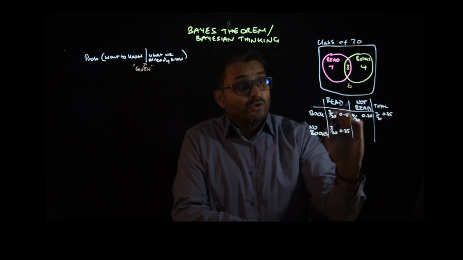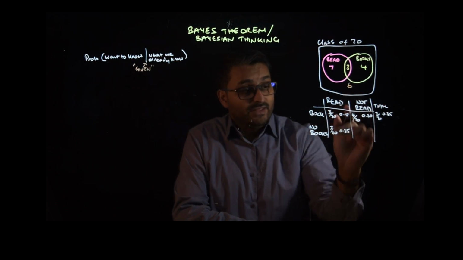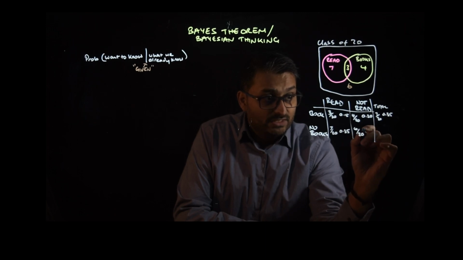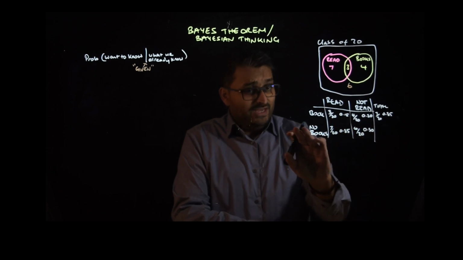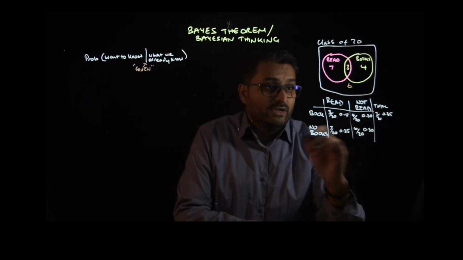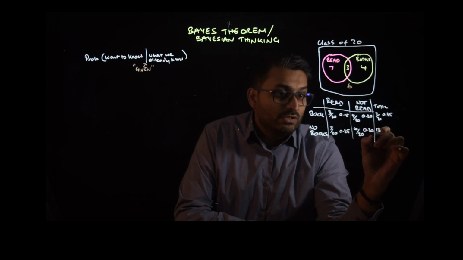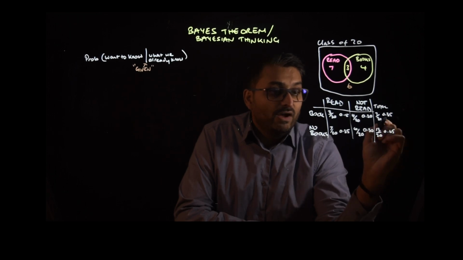They have no books and they don't like to read is this number down here, which is 6 out of 20, which is 0.30. Now the fact that they just don't have any books, irrespective of if they like to read or not, just add the 2 up. That's 13 out of 20, which is 0.65.